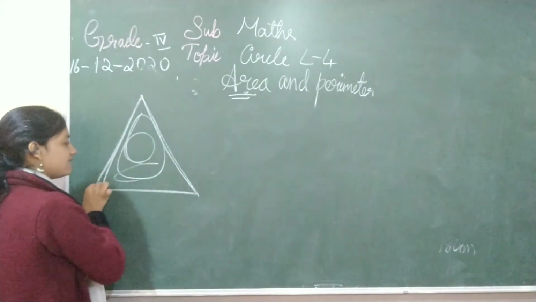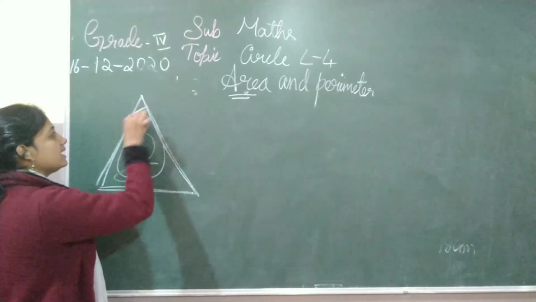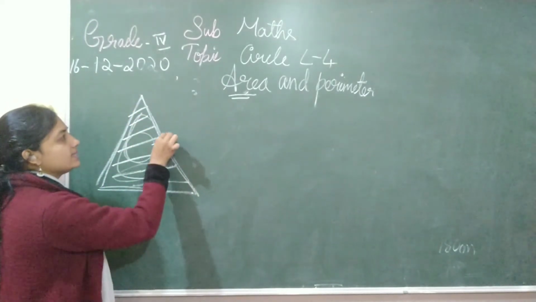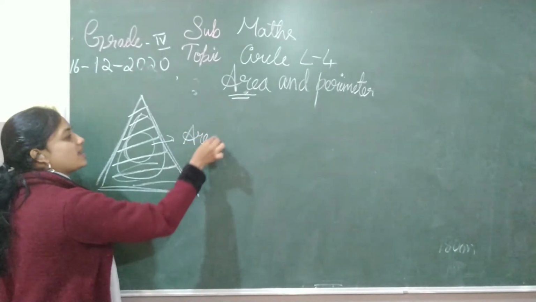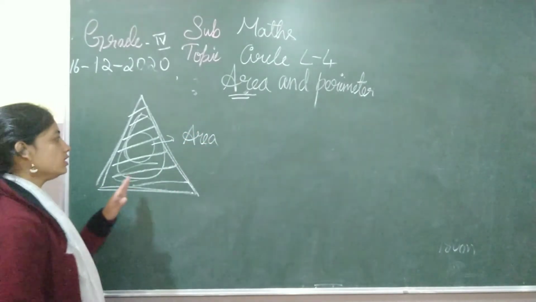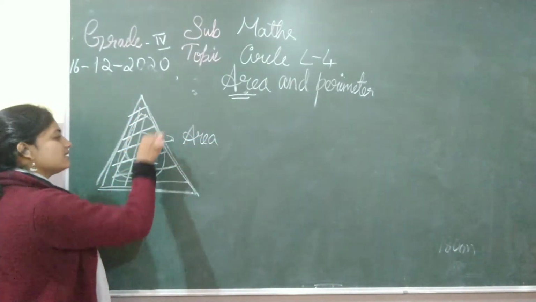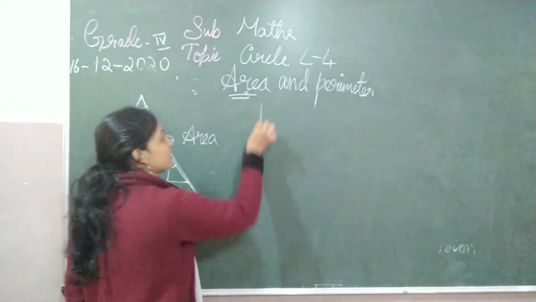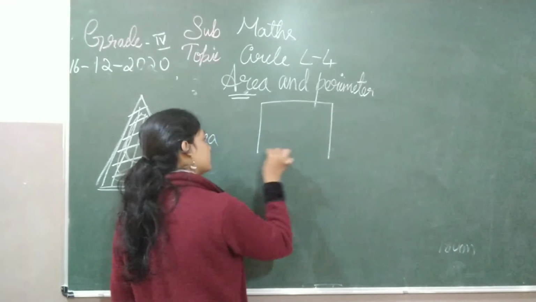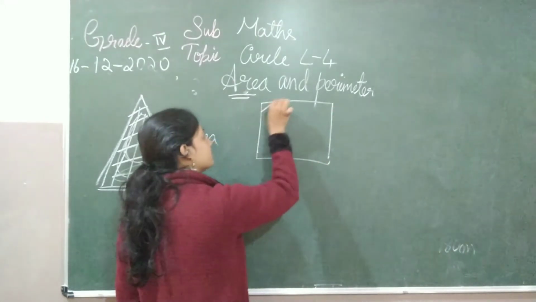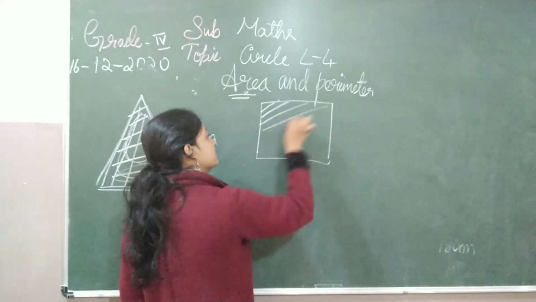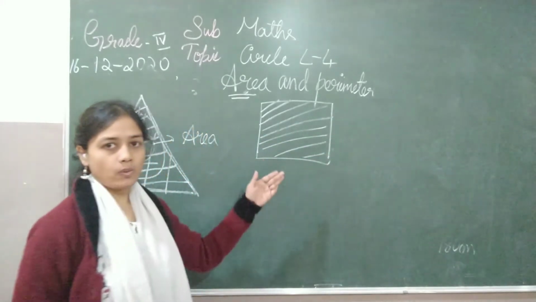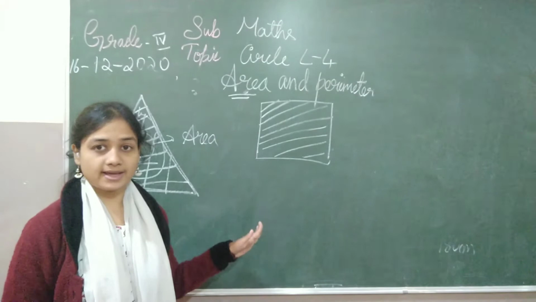If I have the shape here, the place which is inside the shape is called the area of that shape. So this part here is the area of this triangle. If I take a square, the place inside here is the area of this square. So you understand what is area now?